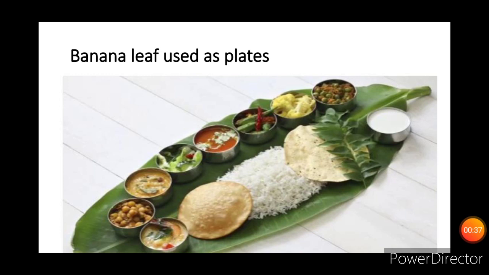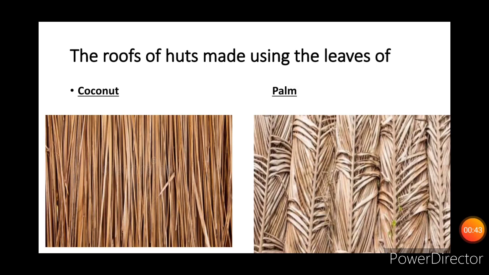Banana leaf is used as plates to serve food. The roofs of huts are made using the leaves of coconut and palm. You can see here, dry leaves they are using on the roof of a house.